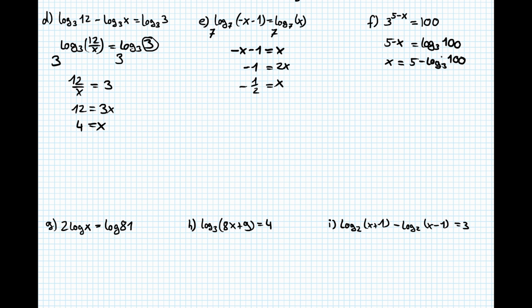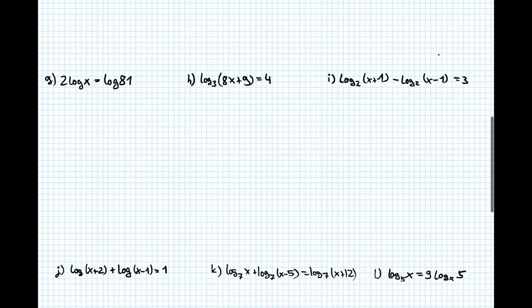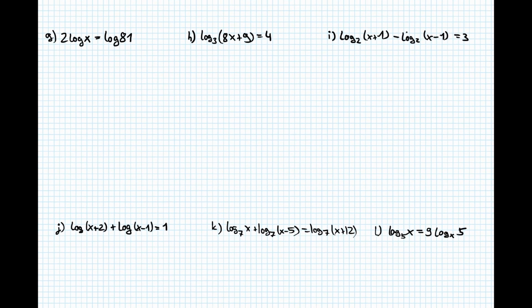Okay. Right. Let's do another few examples here. 2 log x equals logarithm of 81. So that means that log of x squared is equal to log 81.